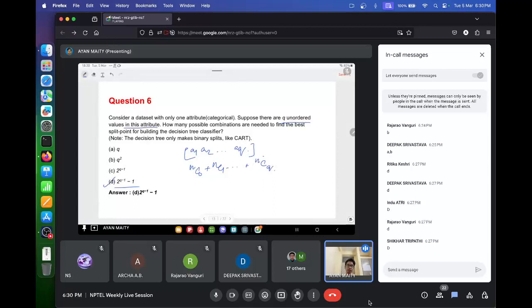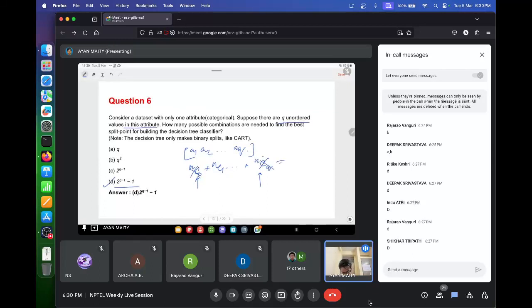So NC0 is picking none for the first set, and NC1 is the number of ways to pick only one, and then NC2 is the number of ways to pick two objects from this set, and up to NCq. But this NC0 and NCq we have to remove, because in case of NC0 and NCq, one set becomes completely empty and all the elements remain in the other set.